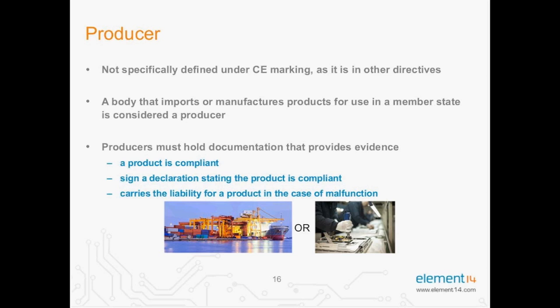Producers must hold documentation that provides evidence a product is compliant, in this case a technical file. A producer must sign or be identified on a product's declaration of conformity, and the producer carries the liability for the product in case of a malfunction.